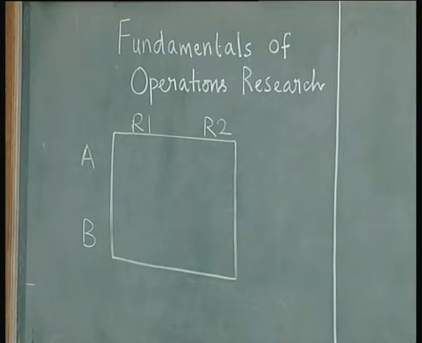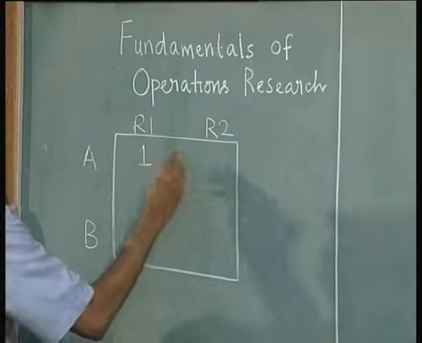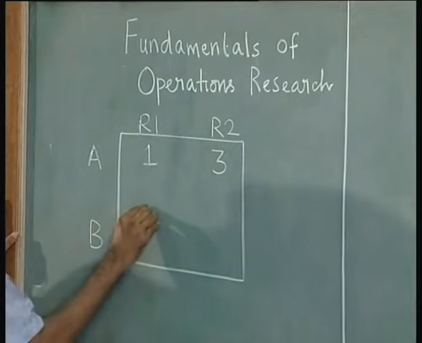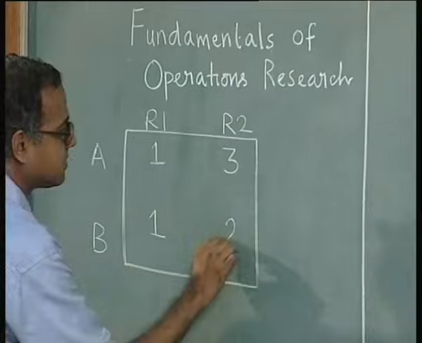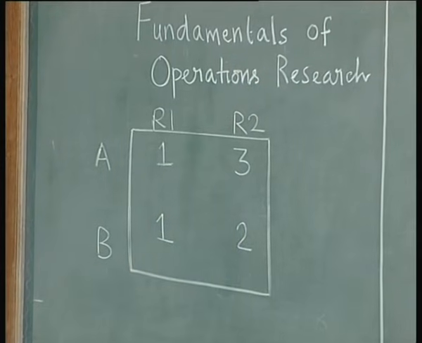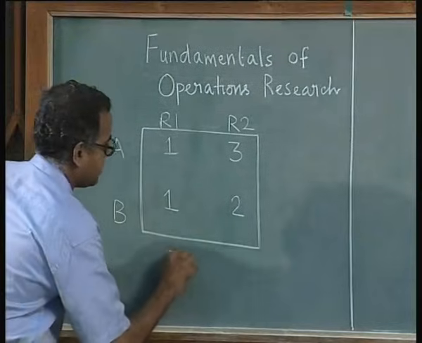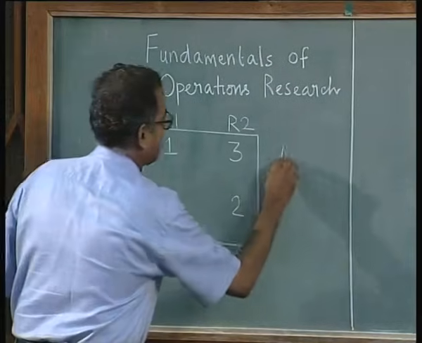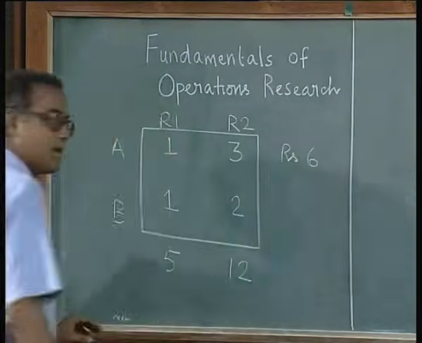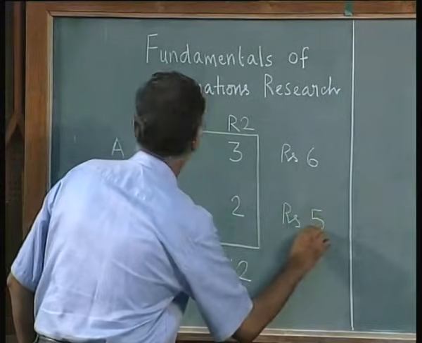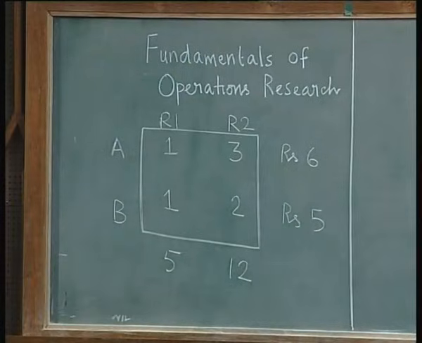A requires 1 unit of R1 and 3 units of R2. B requires 1 unit of R1 and 2 units of R2. The manufacturer has 5 units of R1 available and 12 units of R2 available, and the manufacturer also makes a profit of rupees 6 per unit of A sold and rupees 5 per unit of B sold.